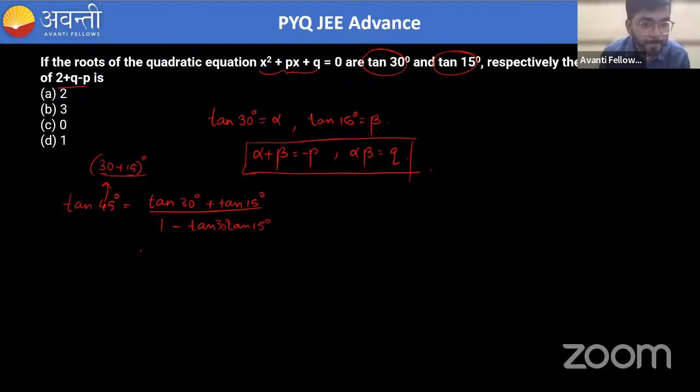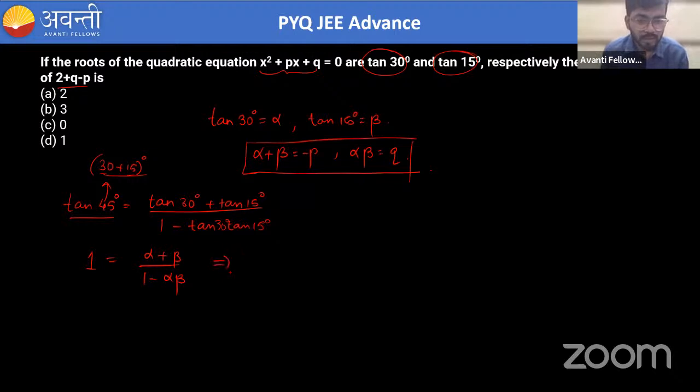Now we all know the value of tan 45. Tan 45 is 1, and tan 30 is our alpha, tan 15 is our beta, upon 1 minus alpha beta, right? So I will substitute the values as given to us.